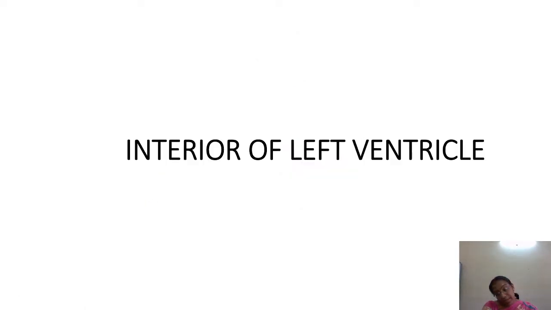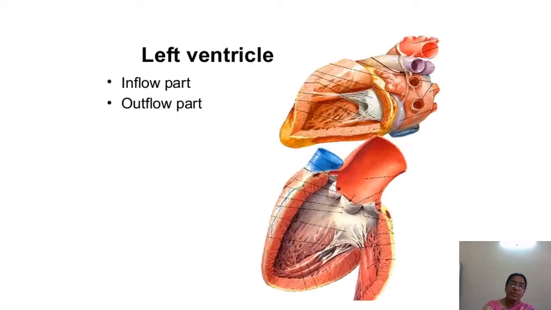Yes. By these external features, let's go to the interior of the left ventricle. What is present in the interior of the left ventricle? It consists of an inflow tract and an outflow tract.